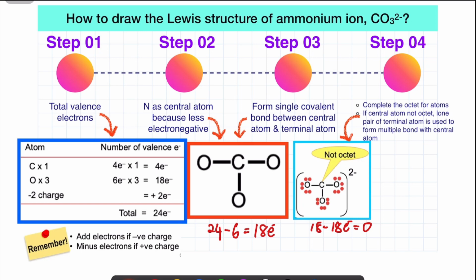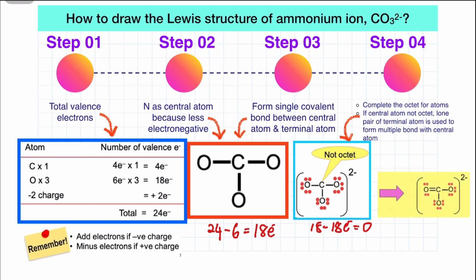But the carbon is not an octet. Carbon is actually categorized as an octet, but now the Lewis structure shows that carbon is not an octet. So what you have to do is use the statement: if the central atom is not an octet, a lone pair of the terminal atom is used to form a multiple bond with the central atom. So one of the oxygens, let's say this oxygen, will share one of its lone pairs, for example this one, to form a bond with the carbon.